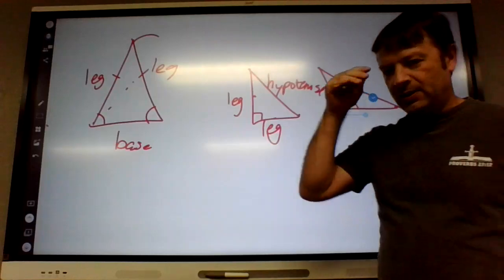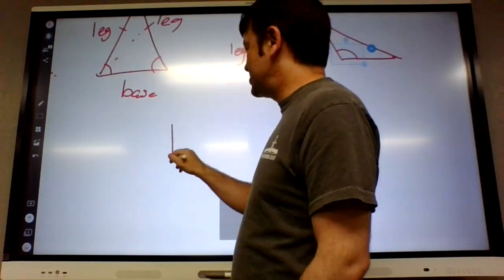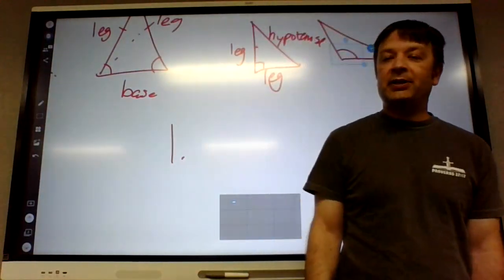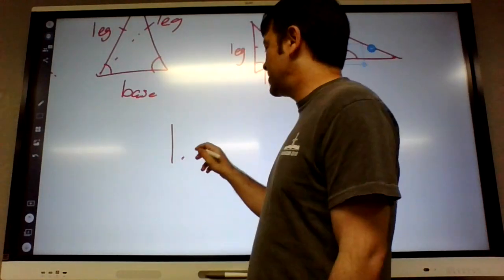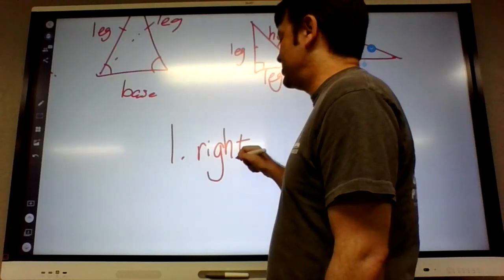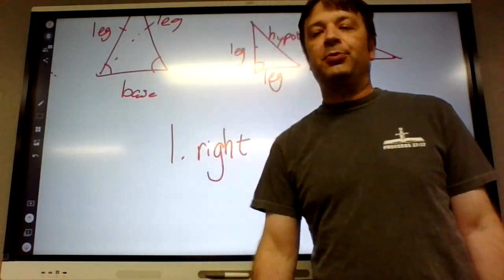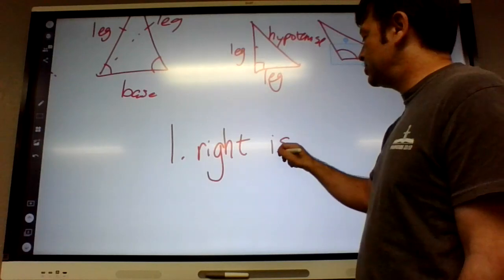All right. Now, number one, based on the angles, what kind of triangle is number one? Right. Because it has one right angle. Based on the sides, what kind of triangle is number one? Isosceles. Because it has two equal sides.